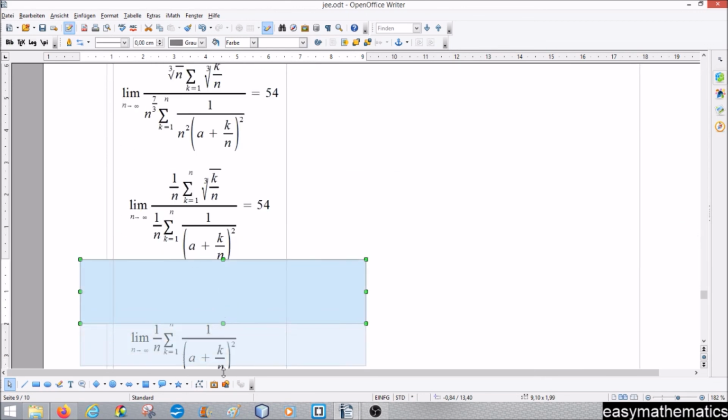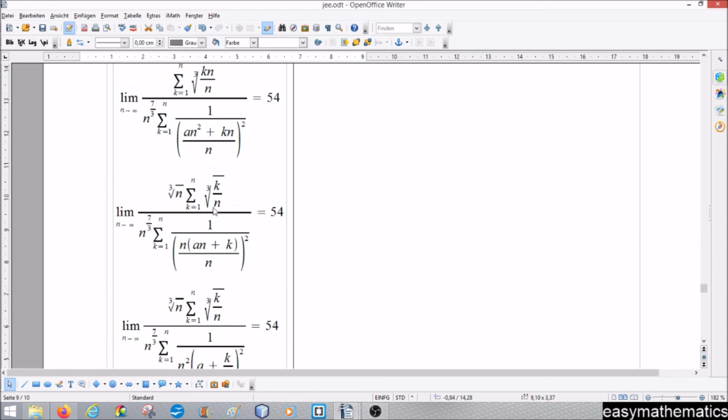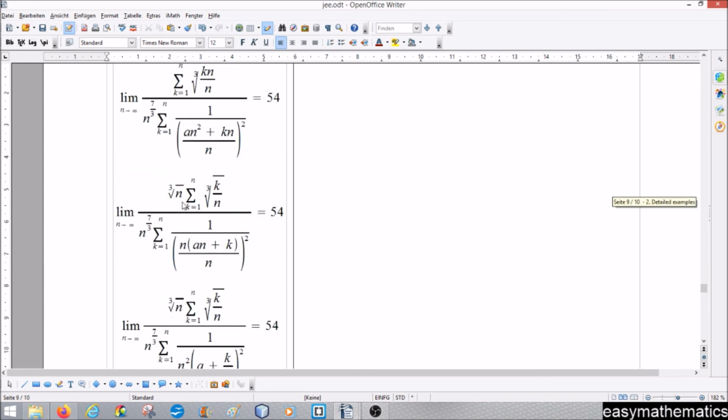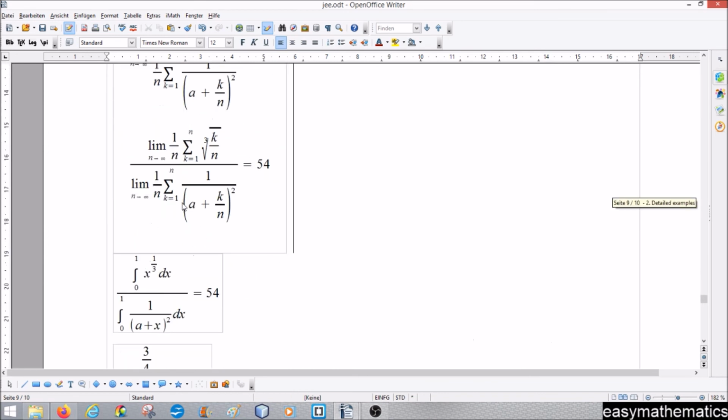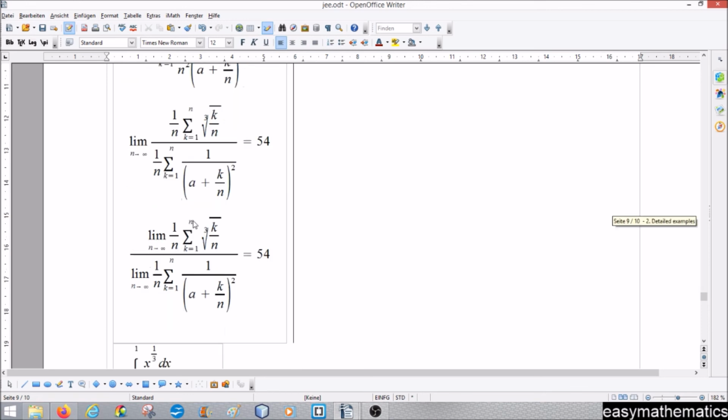Okay, and now we have our nice Riemann summation. We extend with 1 over n times 1 over n. And we know the summations are convergent, so the limit of our quotient is the quotient of the limits. This is a limit rule.